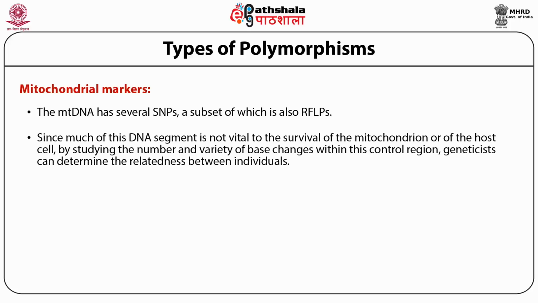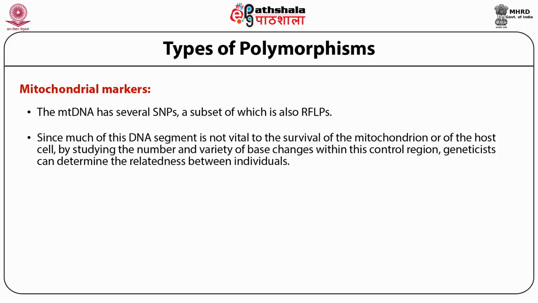Since much of this DNA segment is not vital to the survival of the mitochondrion or of the host cell, by studying the number and variety of base changes within this control region, geneticists can determine the relatedness between individuals. Using the mutation rate within the mitochondrial control region as a molecular clock, evolutionists can plot the course of evolution.